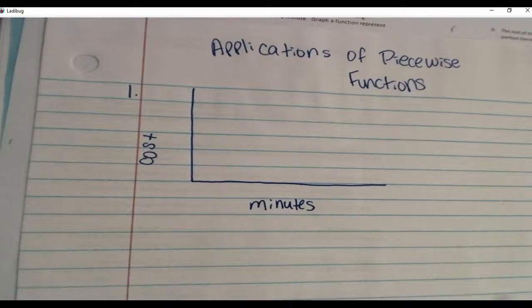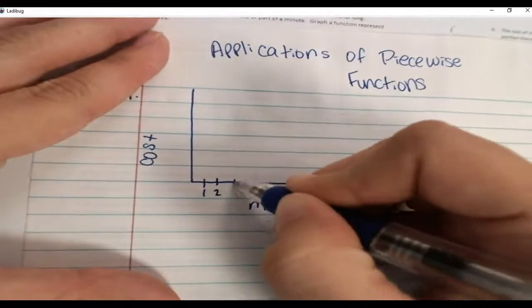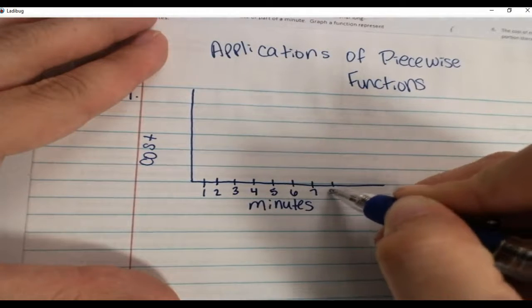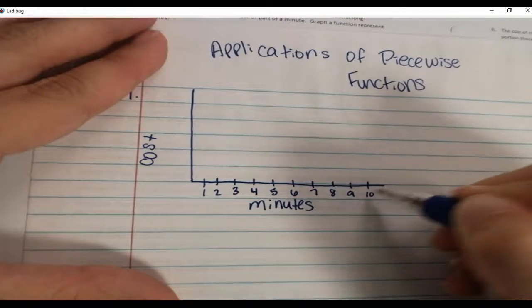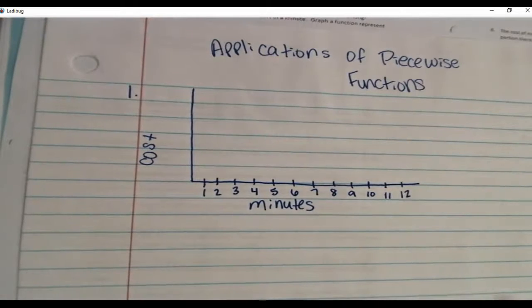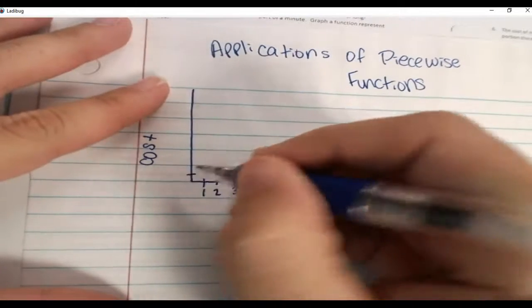In this one it tells me it's 39 cents for any call that's up to 10 minutes, but then it's an additional 12 cents for each minute or part of a minute. So let's just go up to like 12. And then it costs us 39 cents and then an additional 12 cents. So let's take our y's up by dimes.